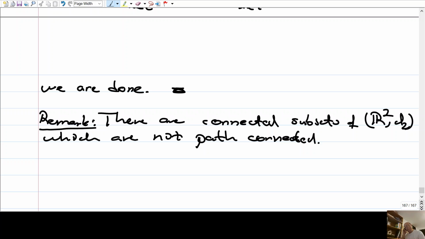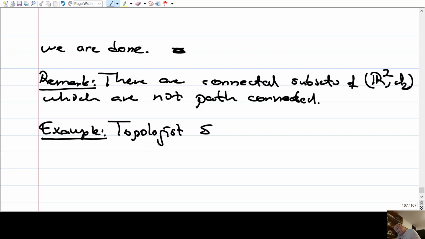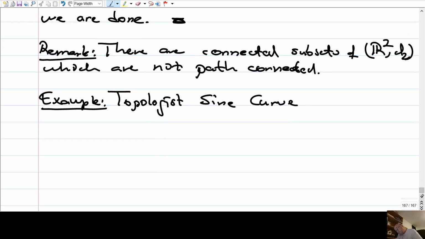Actually, let me give you one example. This is known as the topologist's sine curve. It is the following subset. So let E be this subset.